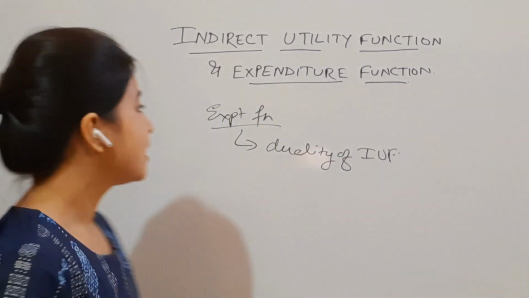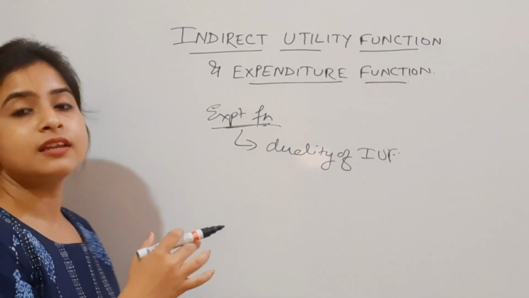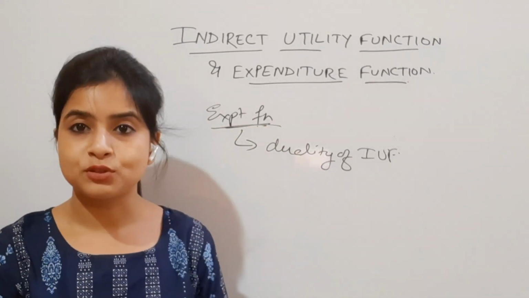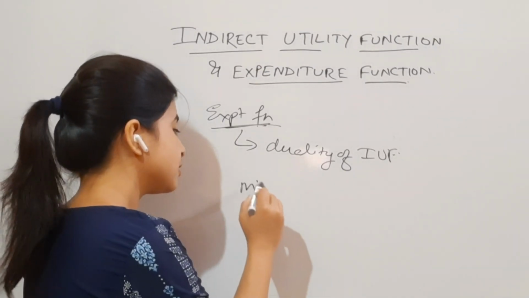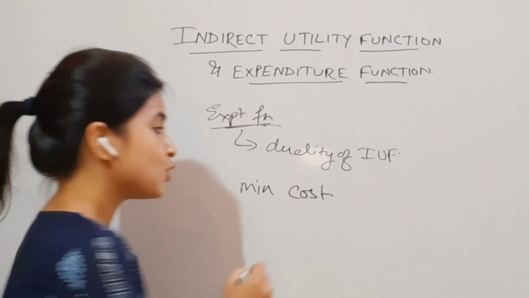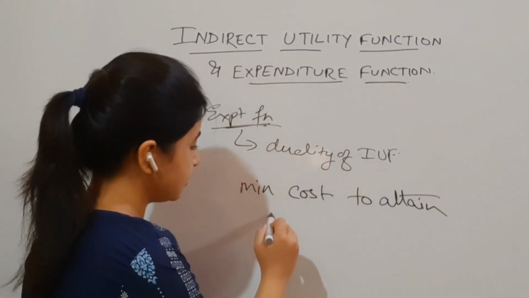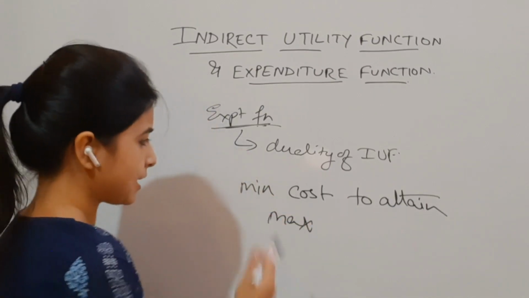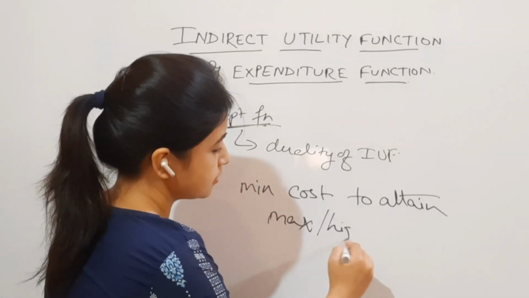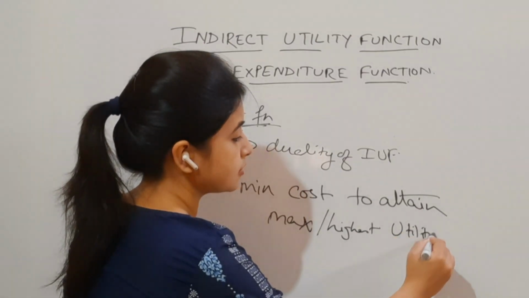In the expenditure function, we will be trying to capture the minimum cost to attain the highest level of utility.